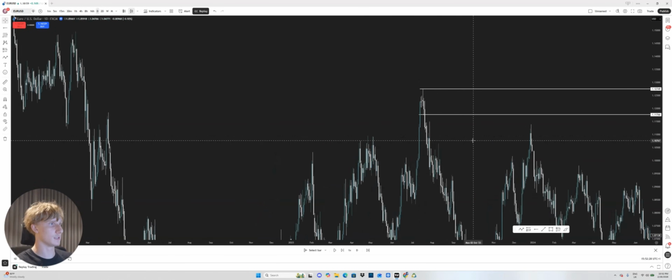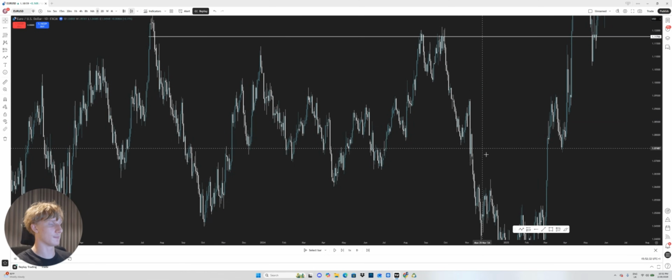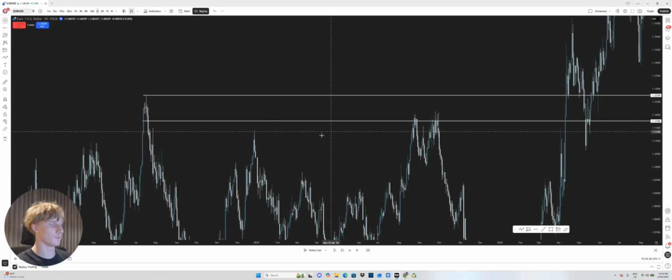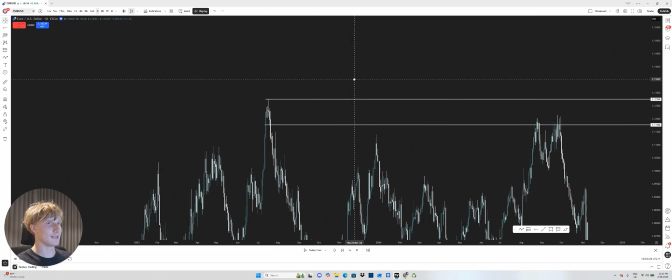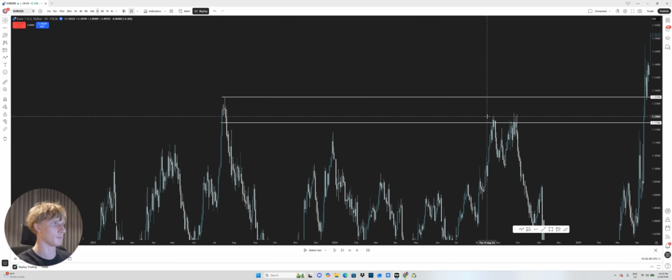Now we can see that price actually came in, tapped in, and absolutely melted. So this in itself is kind of a lesson. These levels that you are finding, they don't have an expiry date because our theology is based off banks and institutions sold here; next time it comes up, they sell again.